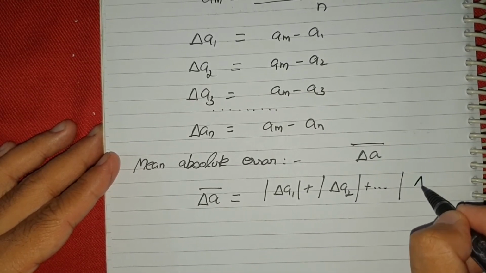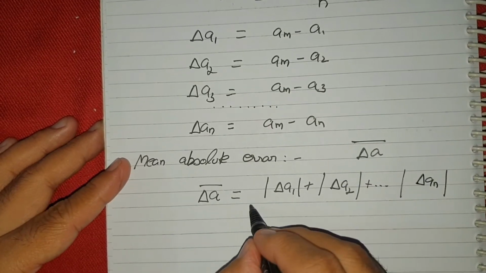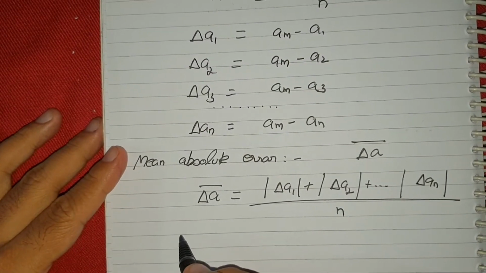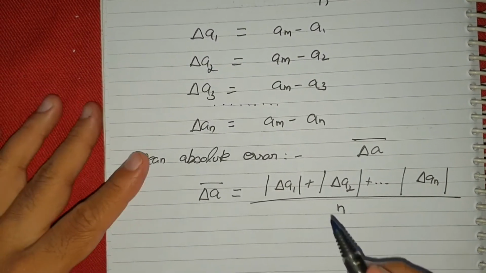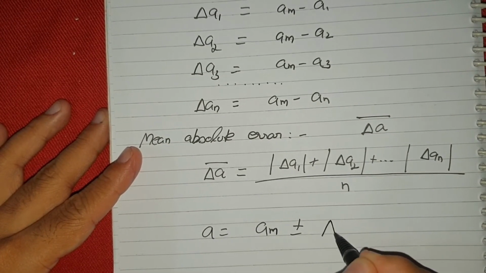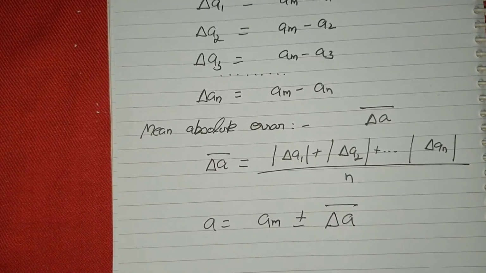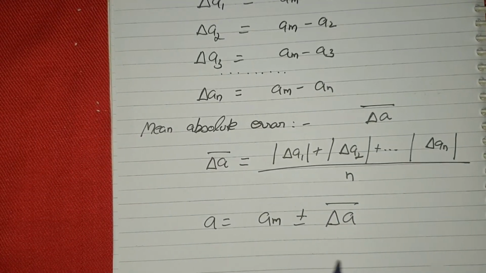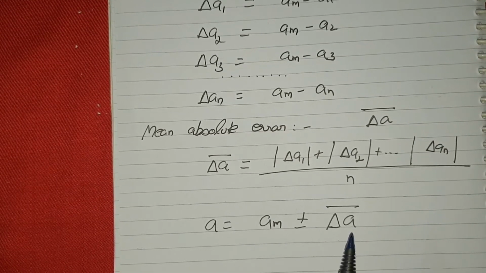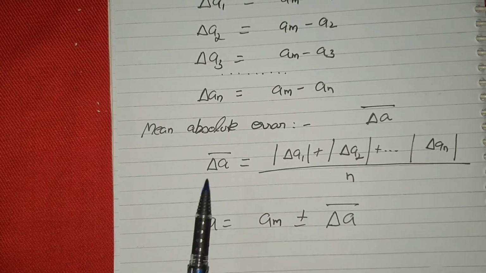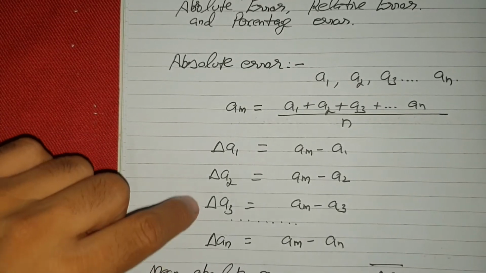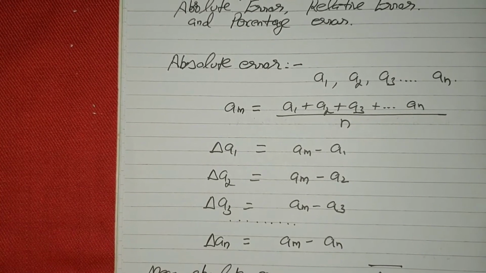This is the mean absolute error. The final result of measurement can be written as A equals AM plus minus delta A bar. This implies that the measurement lies between AM plus delta A bar and AM minus delta A bar. So delta A bar is the mean absolute error, the mean of all these absolute errors.